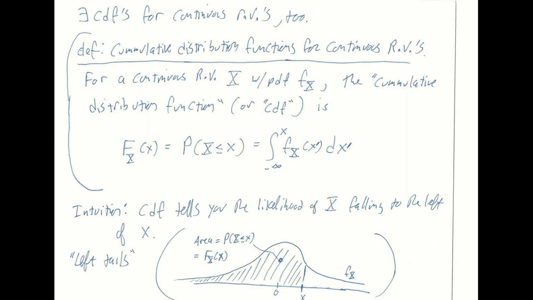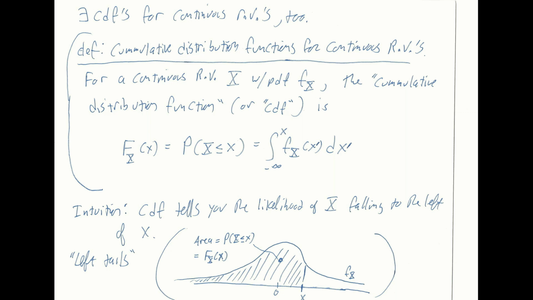So you can calculate the likelihood that big X falls less than or equal to little x by integrating the density function for big X over all values that are less than or equal to little x. This is of the form a less than big X less than or equal to b, where we have taken a to be negative infinity and b to be little x here.